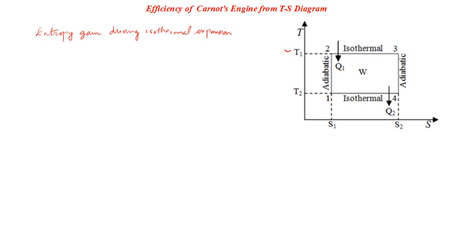So what will that be? That should be equal to the heat entering, that is Q1. We are using modulus values, so Q1 by T1, is it not? Okay, it is a finite entropy change. That's why I'm writing Q1 instead of dq. dq corresponds to an infinitesimal heat, and the corresponding entropy change will be ds. Here it is some delta s. So the entropy gain that is happening during the isothermal expansion is Q1 divided by T1.